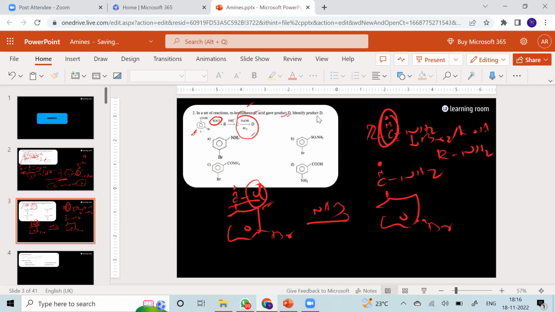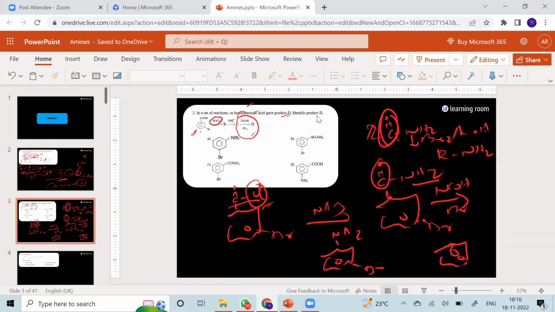The C double bond O will be gone, and the benzene ring gets attached directly to nitrogen. As simple as that. We will get NH2 here and Br is still remaining. That is the answer: NH2 and Br in meta positions. That is option A.